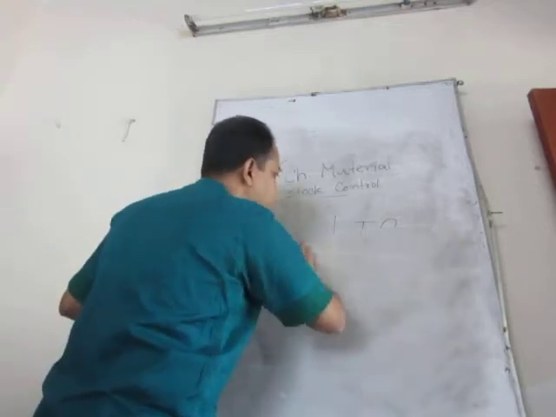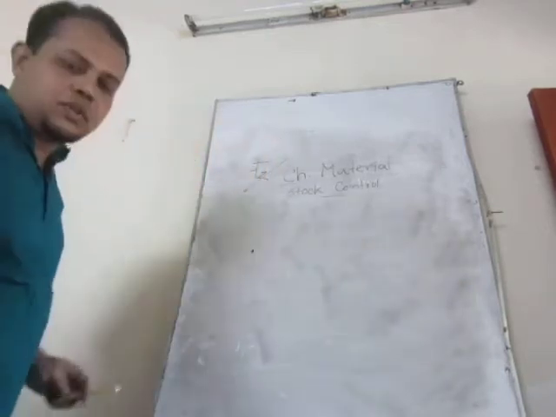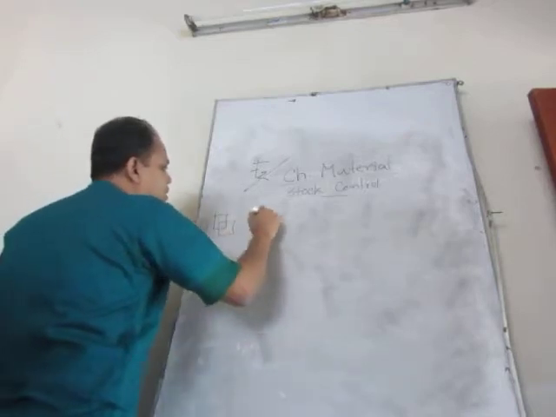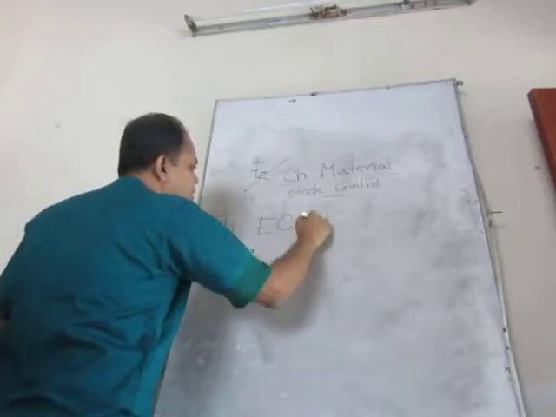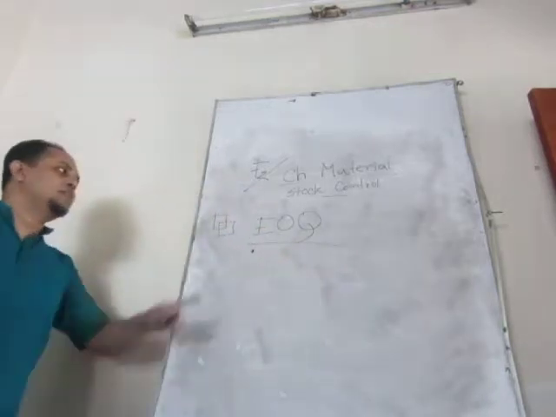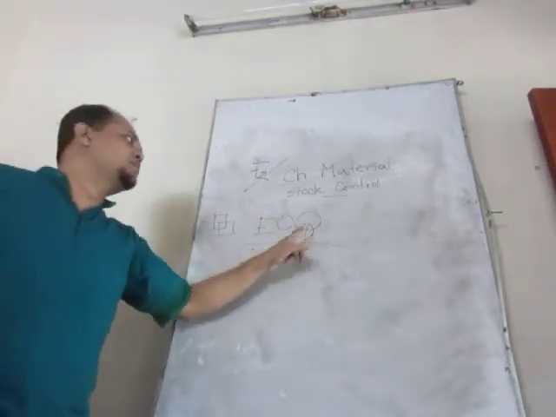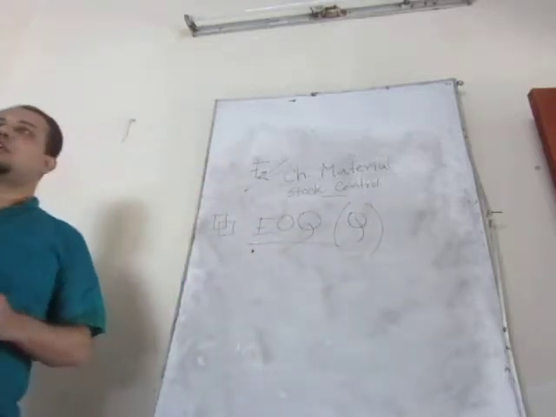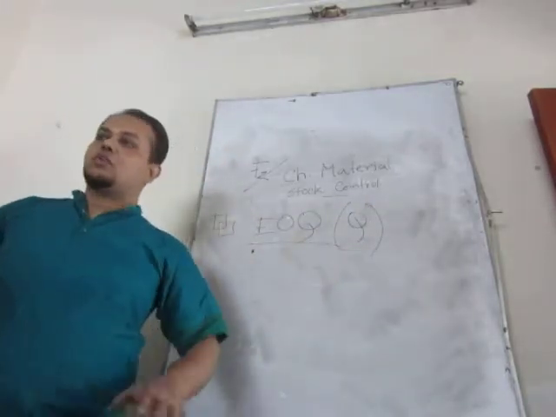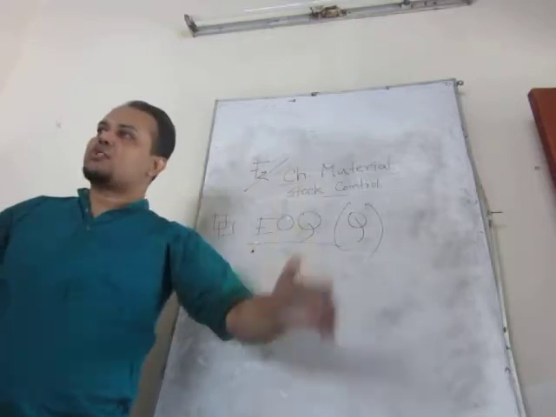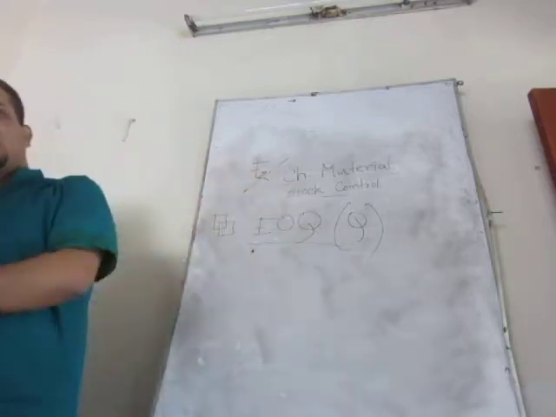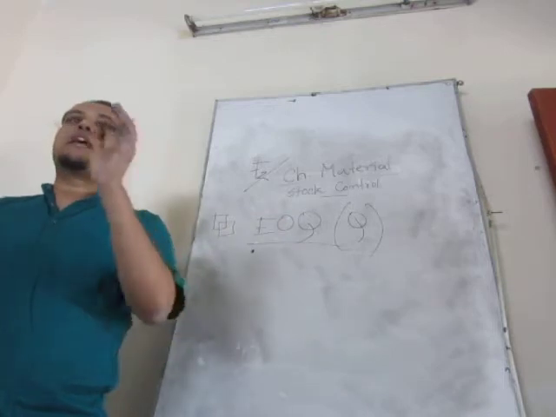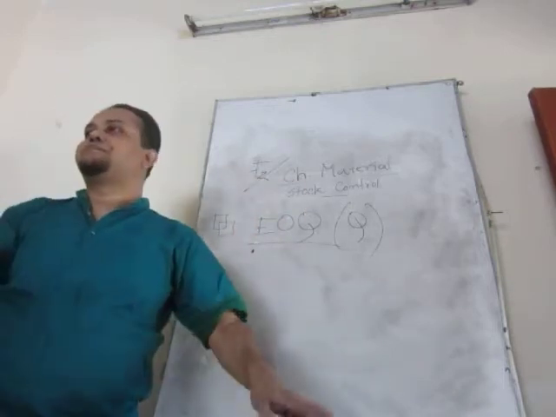So that's why we will discuss the EOQ, which is called economic order quantity. It will provide you a specific quantity which is to be ordered and stocked, so that at the end of the day your stock related TAC, meaning total annual cost, will be minimum.